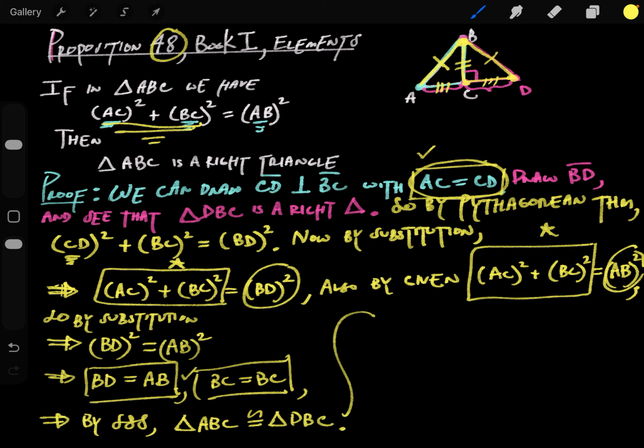And then now, to finish this off, triangle DBC is a right triangle. So, triangle ABC is a right triangle. And then you're done.